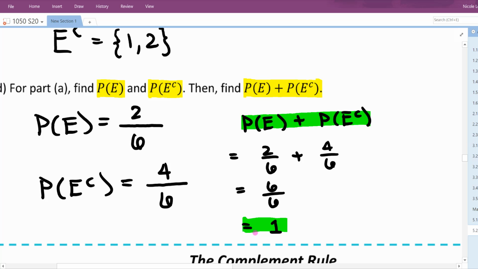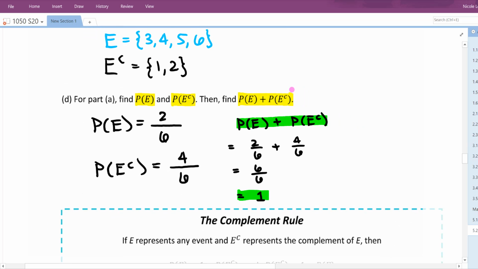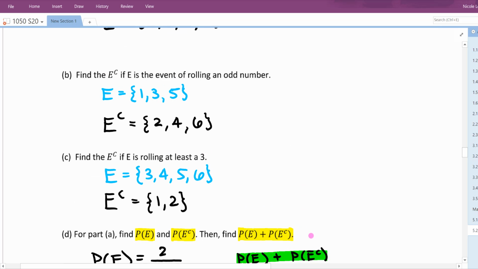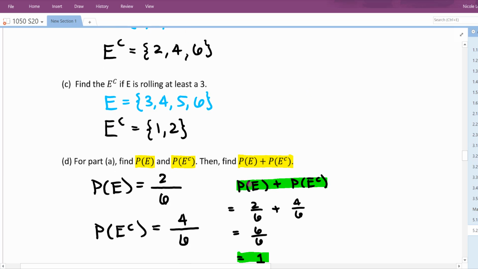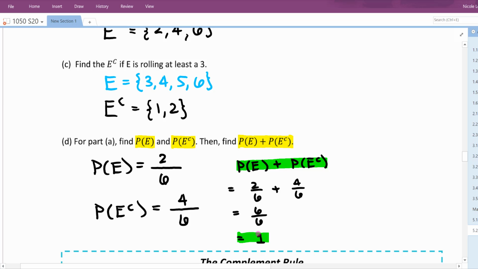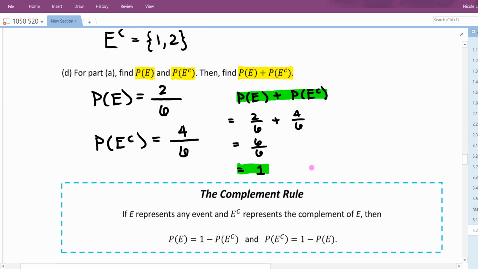Always, because of what I mentioned earlier: if you combine what's in E with what's in its complement, you're always going to get back the entire sample space. So that's why if you add the probability of E plus the probability of its complement, we're always going to get 1. That's going to lead us to the complement rule.